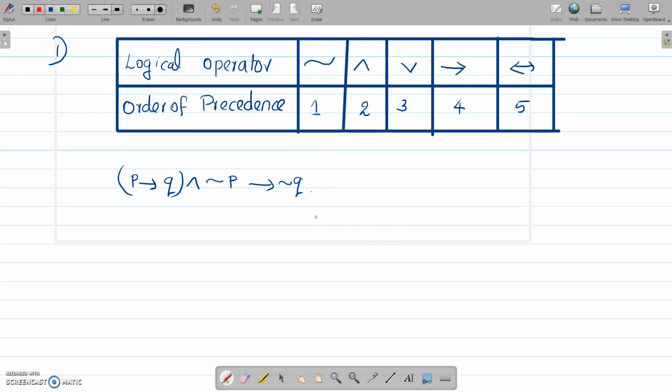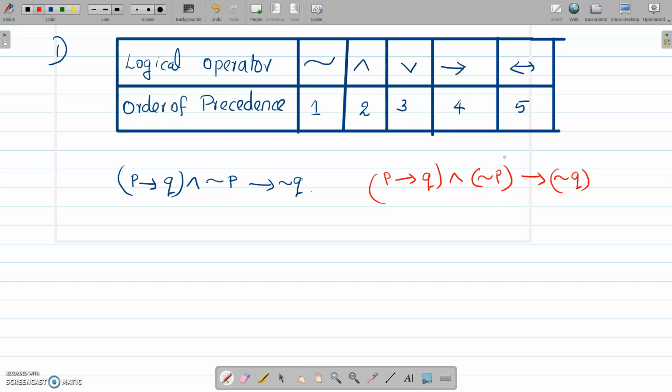First we have to consider the negation type. So P implies Q and, in bracket, negation P implies negation Q. Negation is the first one.